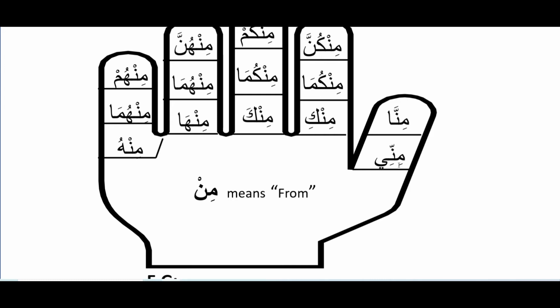There's actually an explanation from our scholars about the additional nun that you see in minni here. There are actually 2 nun, right? One nun is sukun, another nun is written with the tashdid.